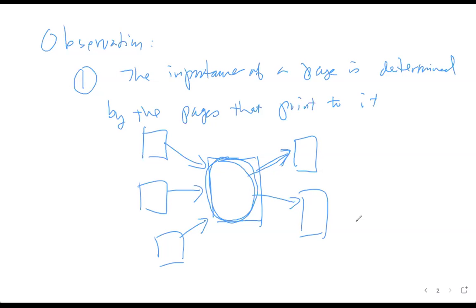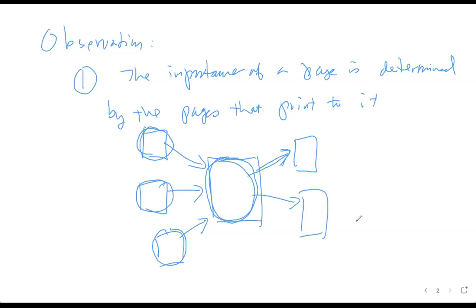It's because there are a lot of pages that point to me. That means I'm important because they have to call me up, right? So I'm kind of an authority, right? So that's the concept of an authority node.